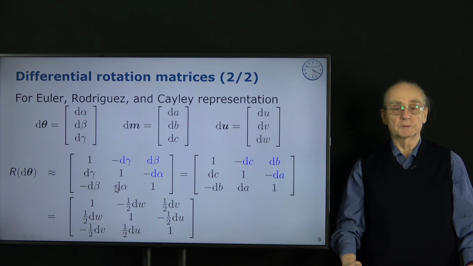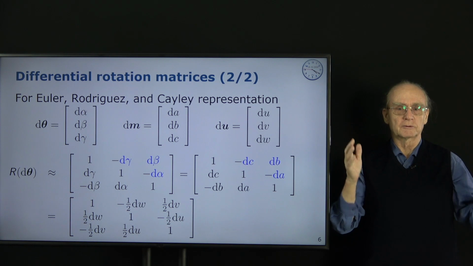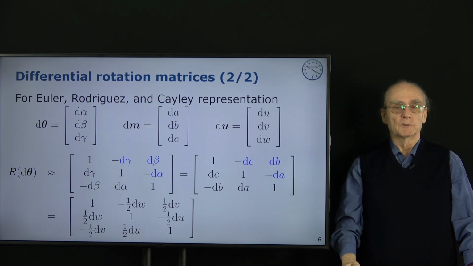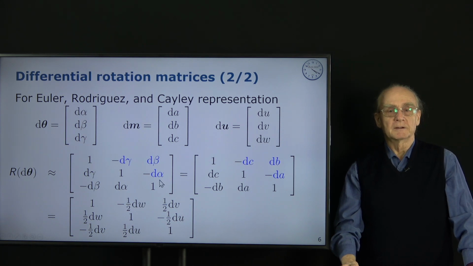The first thing we see is that the differential rotation, that means the small rotation, is nothing else than a unit matrix and the small changes of the 3 angles. You can also derive this directly from the longer expression with the trigonometric forms, which we discussed a few lectures before. That means the differential angles appear here on the off-diagonal elements.